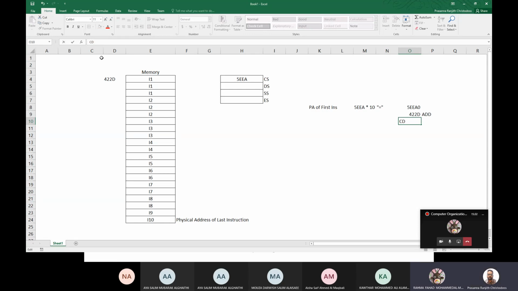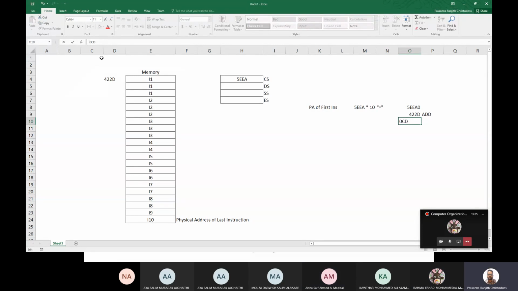A plus 2 is C. E plus 2 is 0, carry 1. Then E plus 4 is 1, 0, 1, 1, 1, 2.